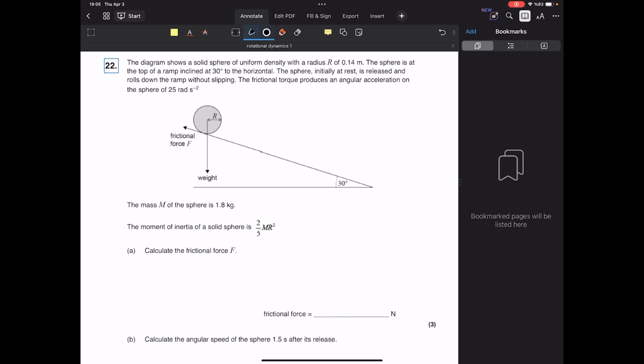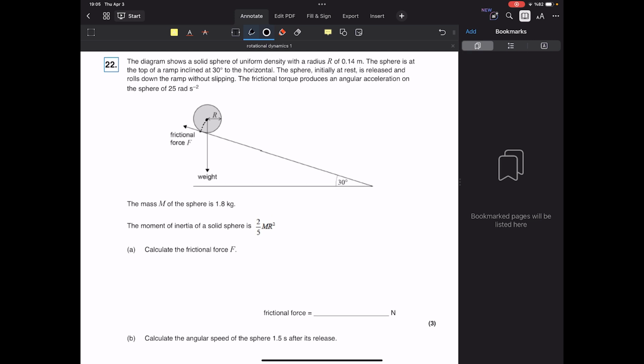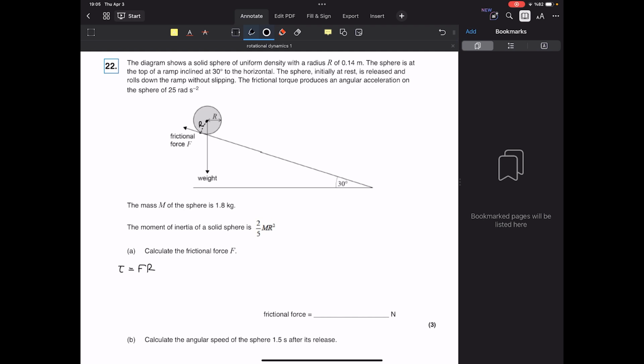So now this frictional force will cause this to rotate. So the torque applied by this frictional force is Fr. That's going to be equal to I alpha.